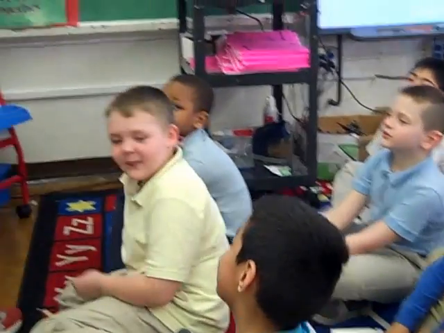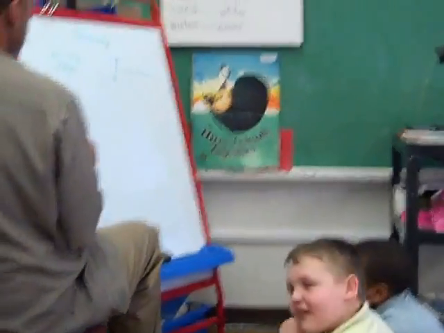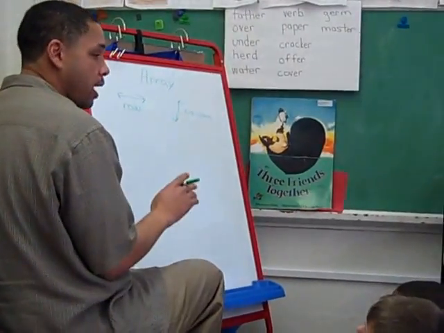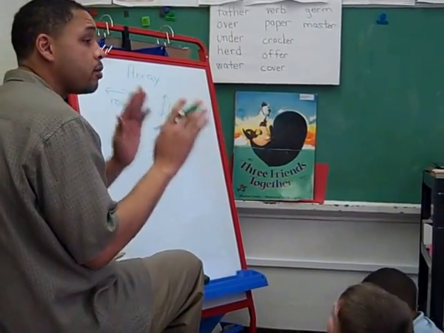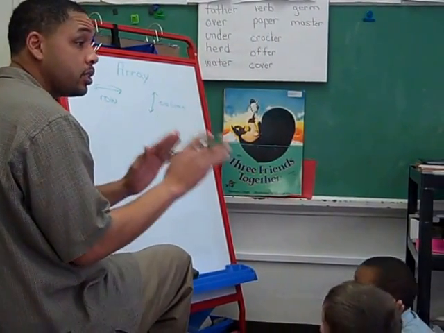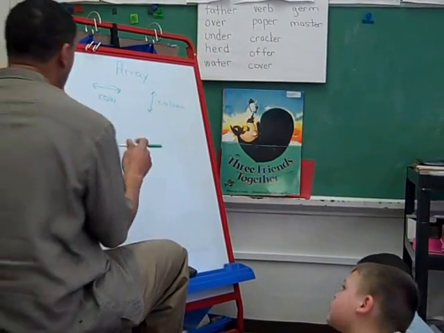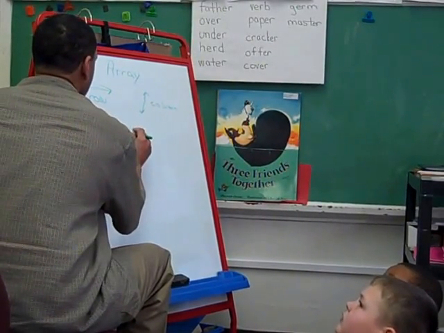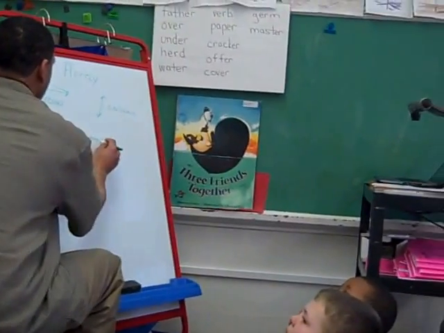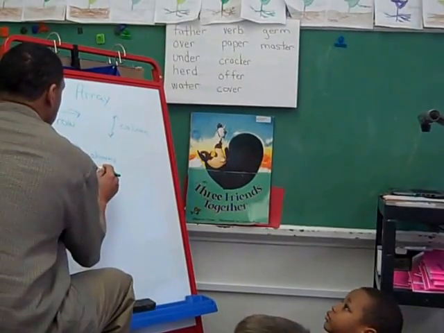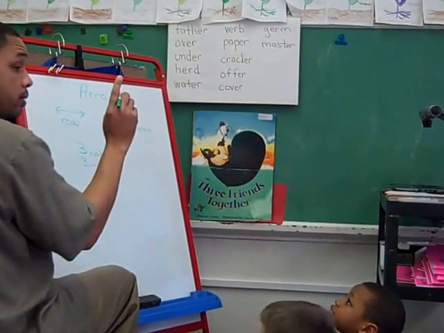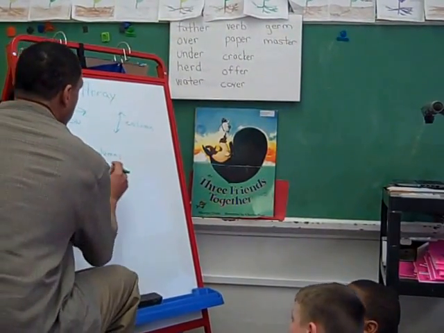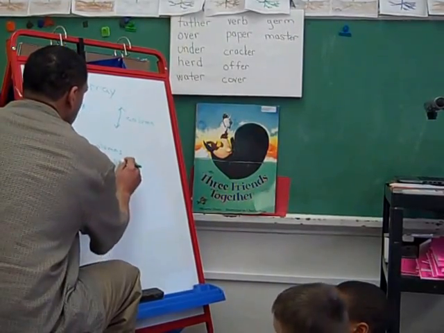Now, here's what we do with rows and columns. Whenever you have an array, they're going to tell you how many rows and columns to do. Watch me. If I tell you show me 3 columns and 3 rows, I'm going to do my rows first.